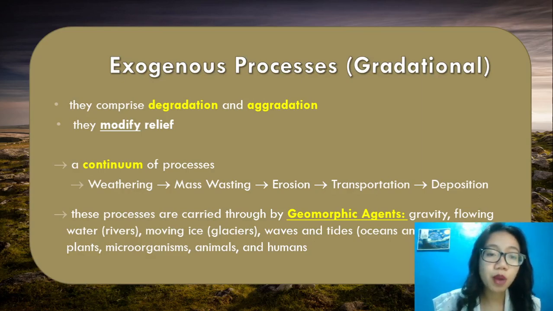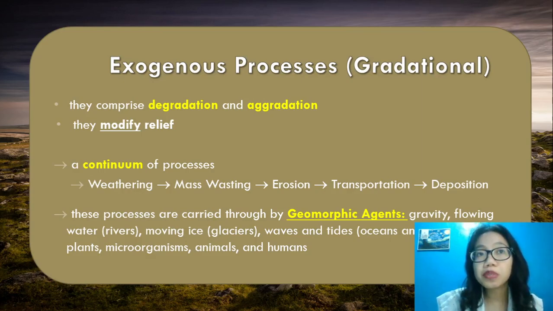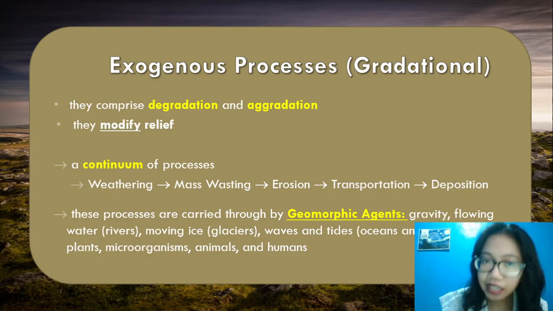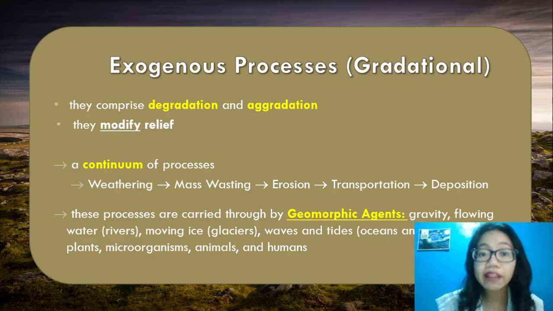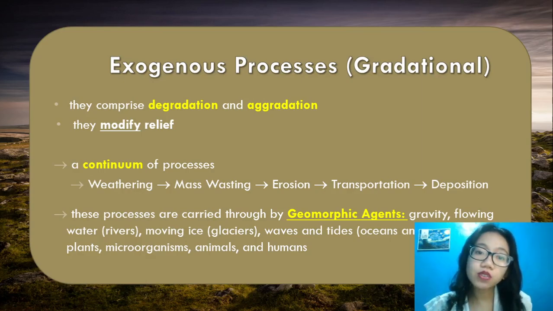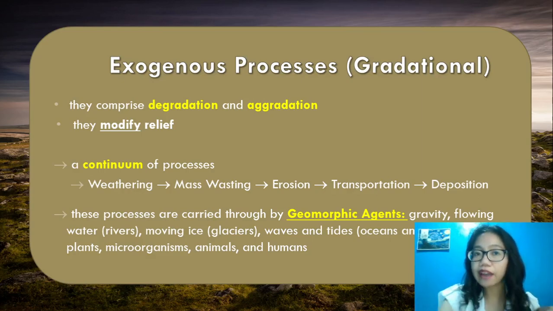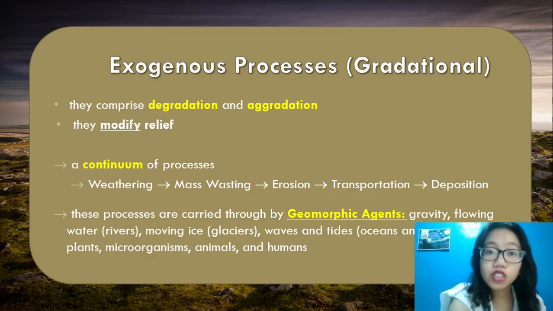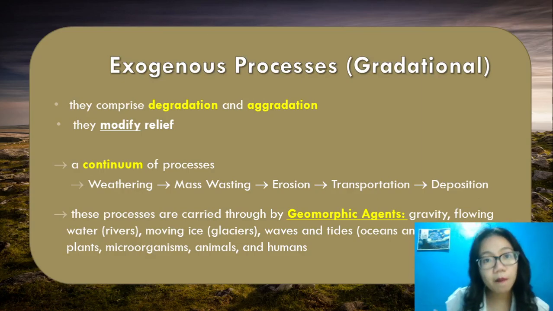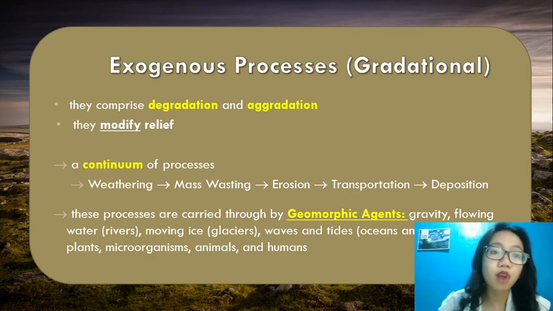So exogenous processes involve degradation and aggradation. When we say degradation, that's the breaking of the parent material. And then later on, once it has been broken into smaller pieces, they may later aggregate. So it's also like the rock cycle. If you can recall, sedimentary rocks are from other types of rocks, so they can further degrade and later on will clump and cement to form a new type of rock.